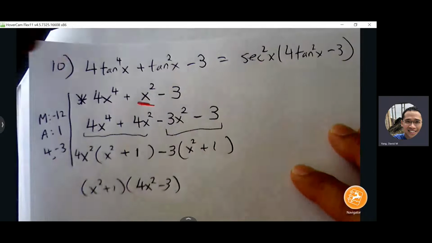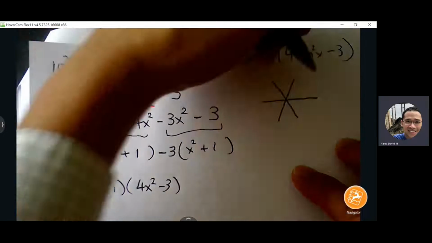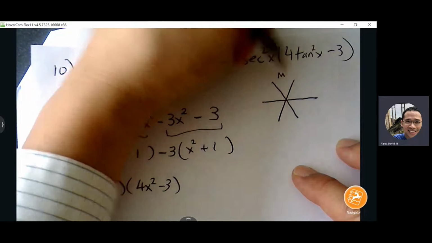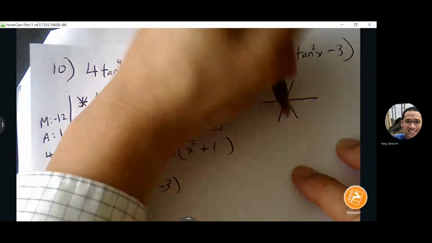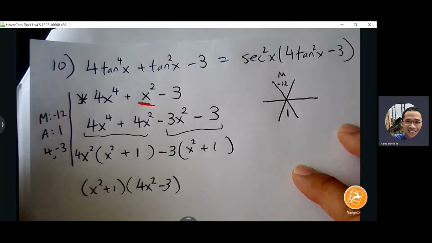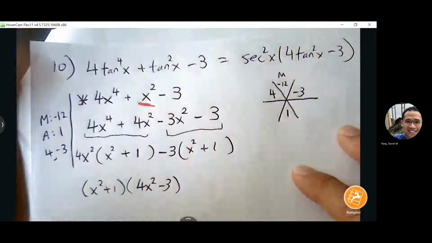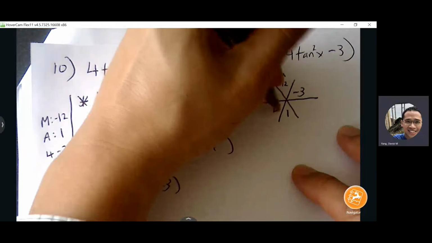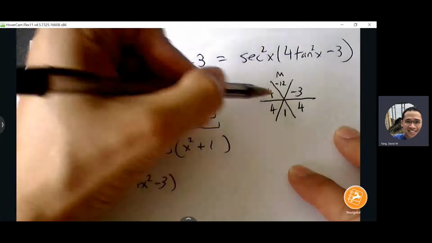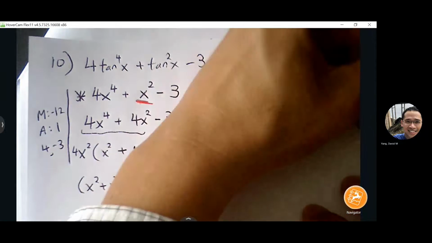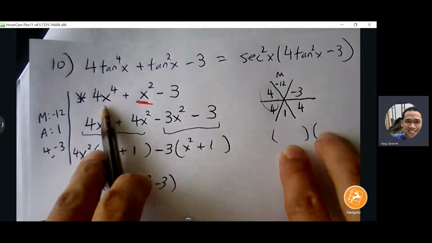Yes, I could do the star method as well. So star method here: multiplies to be negative 12, adds up to be 1. We know it's going to be 4 and negative 3. But there is an a value of 1, so I have to worry about that as well. So 4 divided by 4 is 1. It's x to the 4th here, so I can't just do x and x.